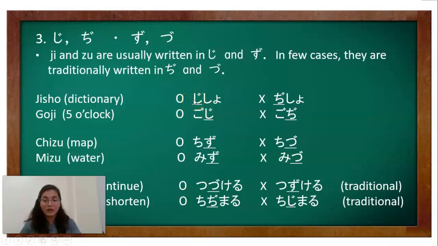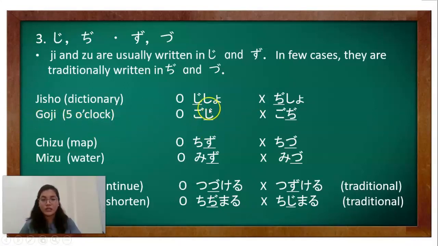Like in example number 1, jisho, and the other one, jisho. Although they sound the same, the second example has no meaning, or it could be said to be a wrong spelling. So you can't use this kind of ji in jisho. Okay, next one is gojiru.